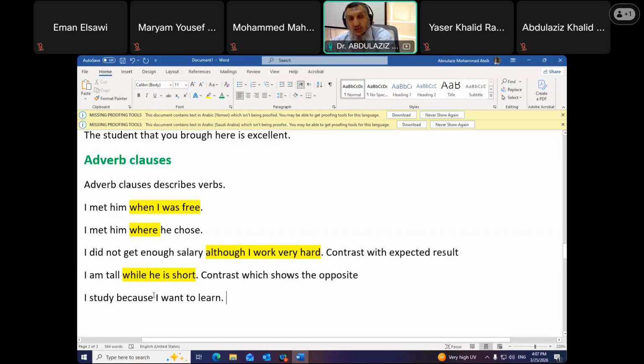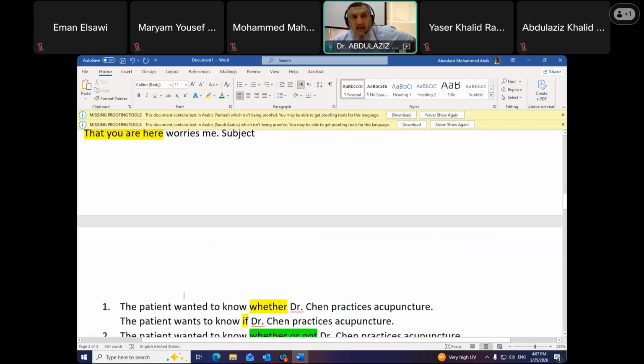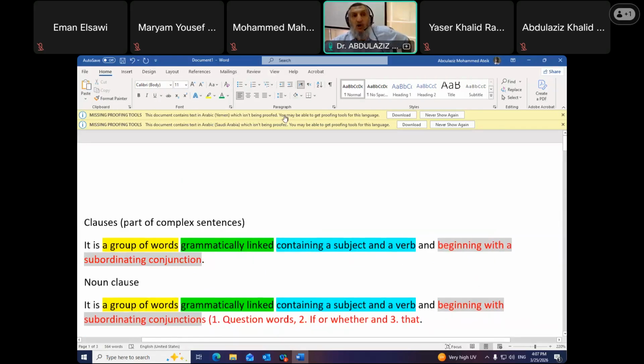So this is cause. All these are subordinating conjunctions having adverb clauses which make complex sentences. So all these sentences which we studied today are called complex sentences.